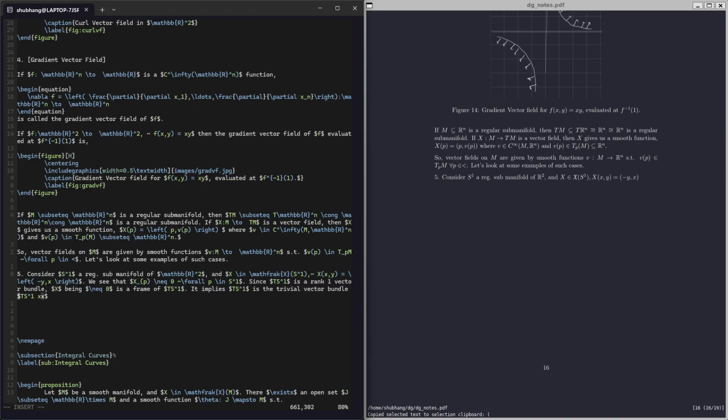TS1 is isomorphic to S1 cross R. The closed submanifold of R2 and the vector field X equals minus x2, x1.